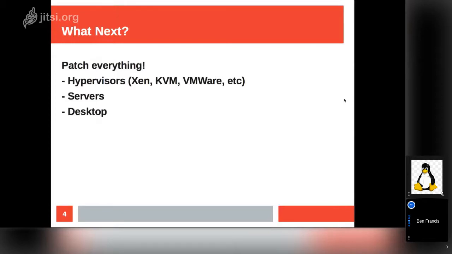Yeah, which is basically all we can do: patch everything. And the hypervisors are by far the worst things to patch.